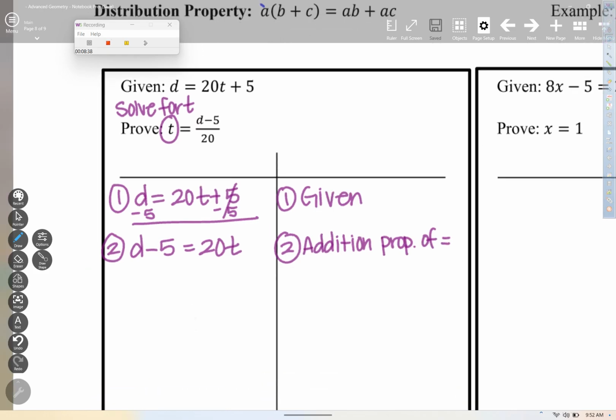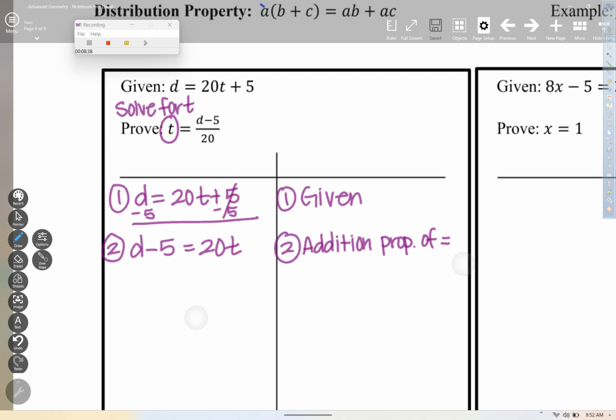Okay? We're still having to solve for t, so I'm not quite done, right? So 20 is next to t and it's being multiplied to t, so how would you get rid of 20? You would divide by 20 to both sides, right? So step 3 is d minus 5 divided by 20 is equal to t, because those 20s cancel, right?